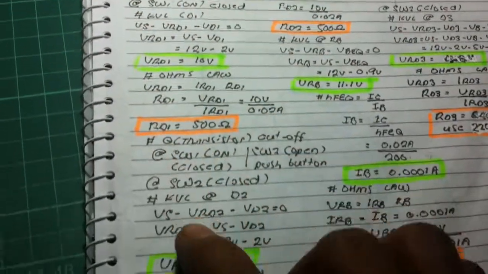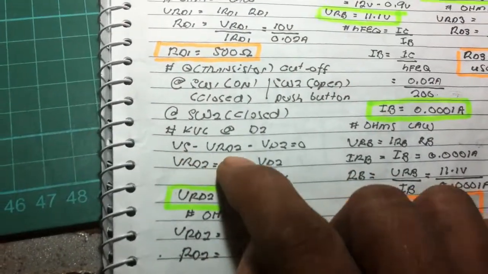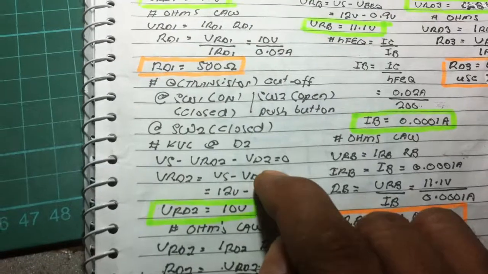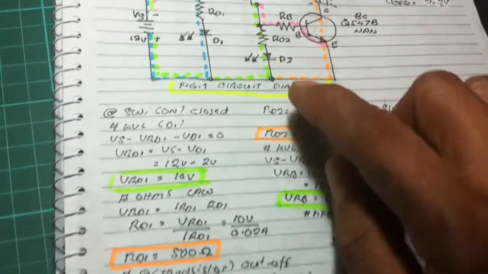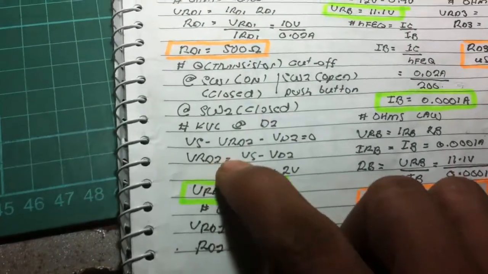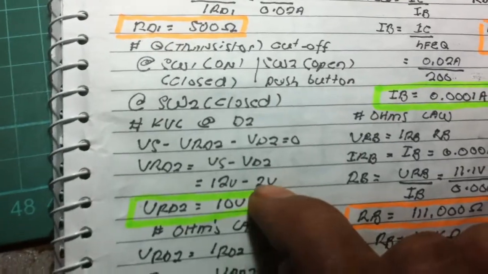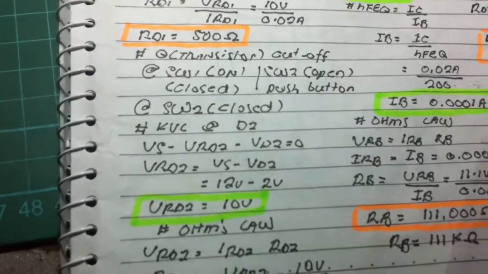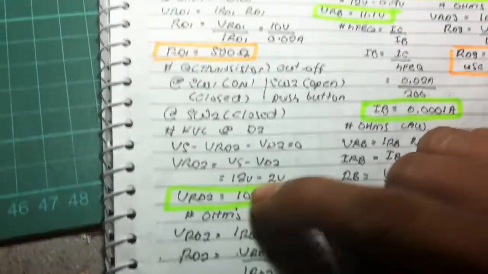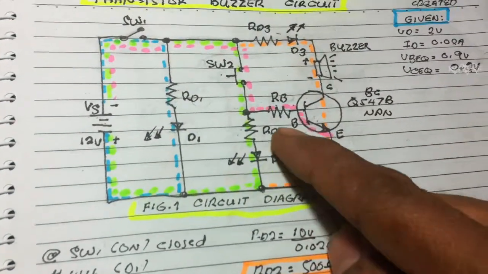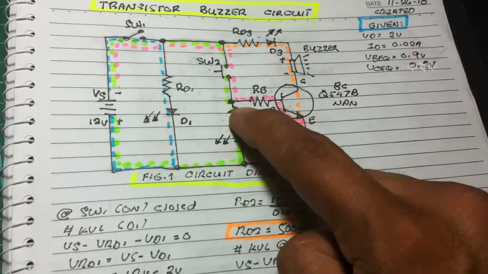Voltage supply minus voltage drop RD2, VD2 is equal to 0, the same using KVL. And transposition, substitution, the same, since the voltage rating given in the data sheet, 2 volts, 10 volts. We now know the voltage drop across the RD1 is 10 volts. Also the same here, 10 volts, 10 volts.